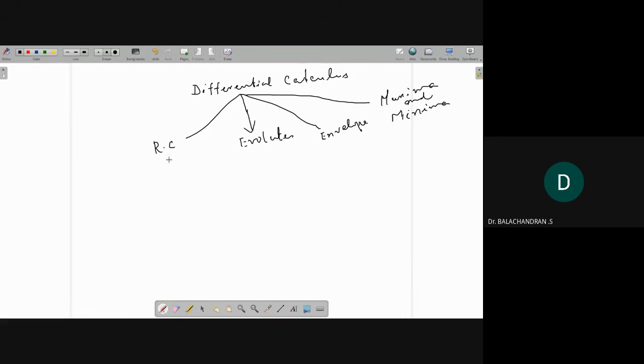In radius of curvature, there are three subdivisions: radius of curvature in Cartesian form, then parametric coordinates, and finally polar coordinates.